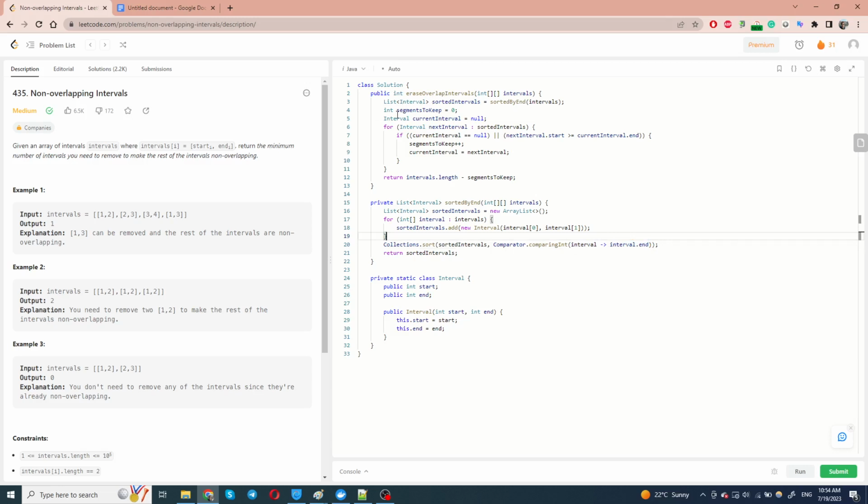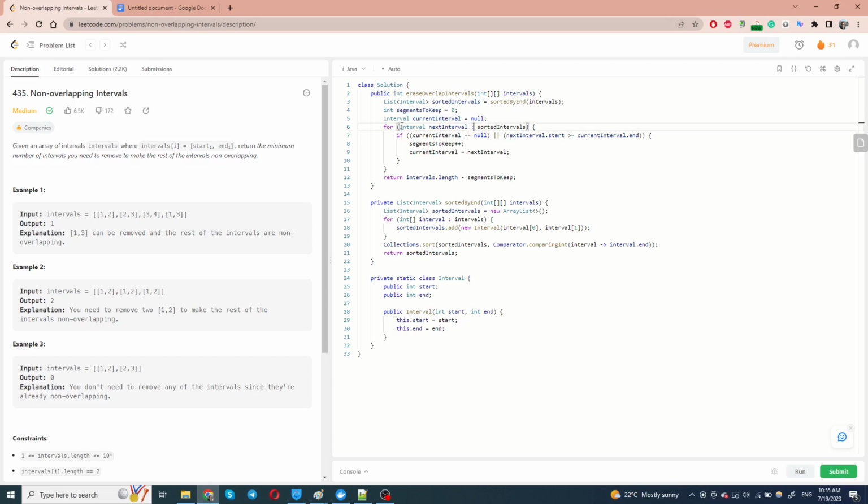Okay, now we have these sorted intervals. We are going to keep a couple of variables. The first one is the number of segments that we are going to keep, and the second one is our current interval, which initially is equal to null.